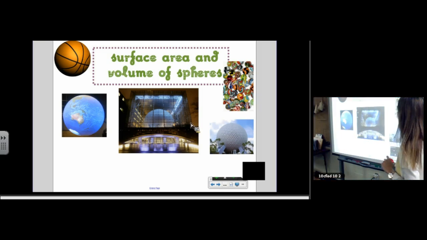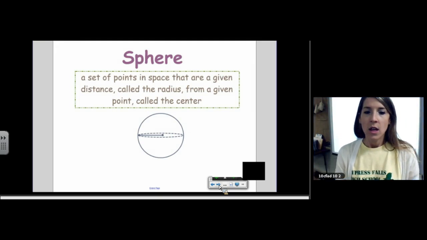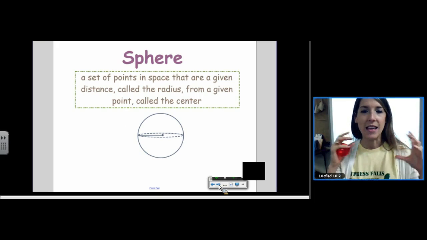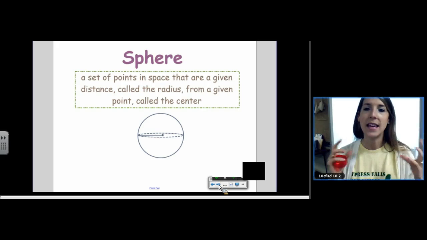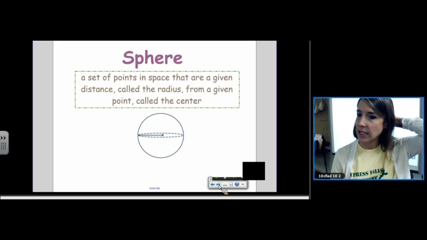Okay, let's write down what a sphere is. It actually has its own definition. It is the set of all points in space that are a given distance from a given point. Given distance is the radius, the given point is the center.